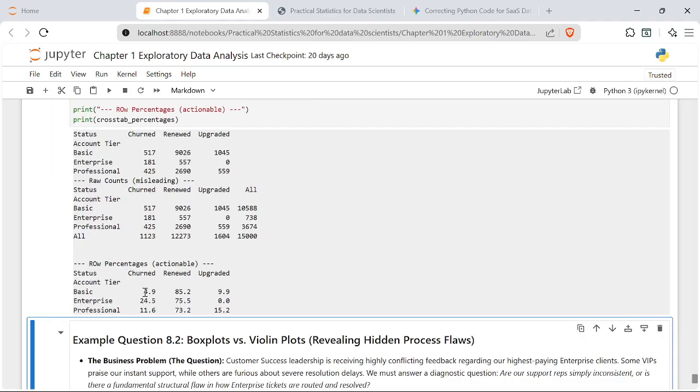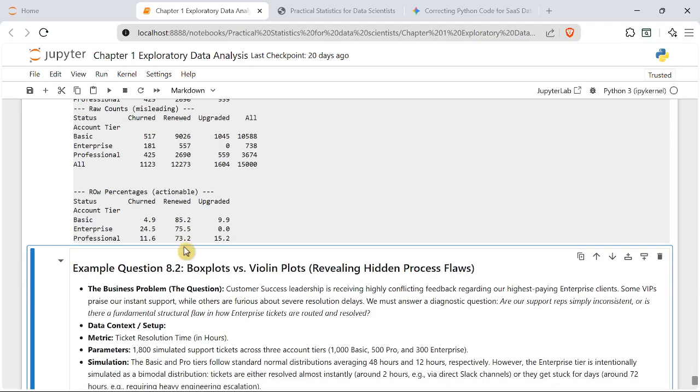The real crisis is hidden in our top accounts. The enterprise tier is churning at the massive rate of 25%. By using percentages instead of raw counts, we prove to leadership that we must immediately pivot our retention resources away from high volume basic tiers and deploy an emergency intervention for our highest paying enterprise clients.